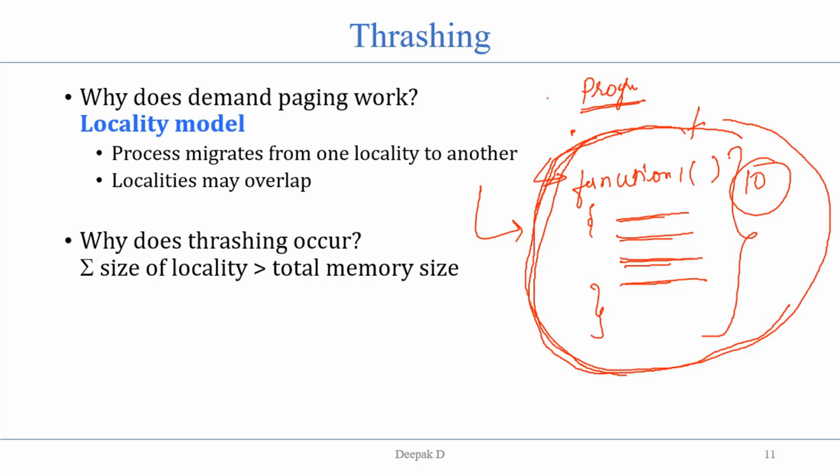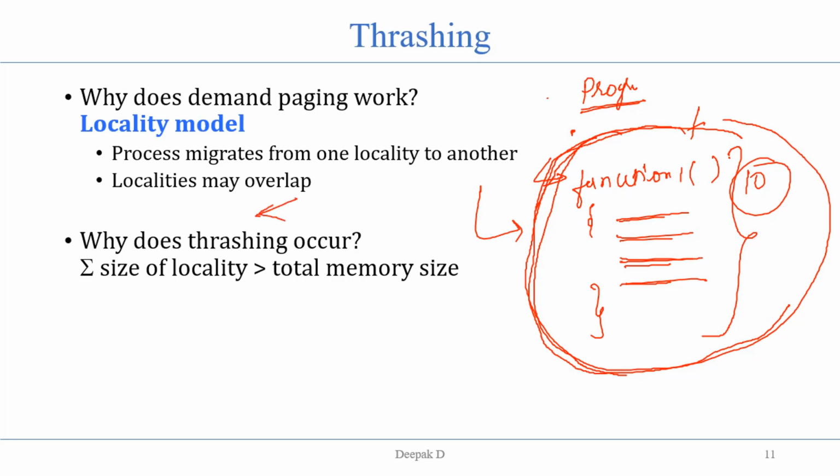As a program continues its execution, it may move from one locality to another, because your program may be composed of several different localities which may also overlap.